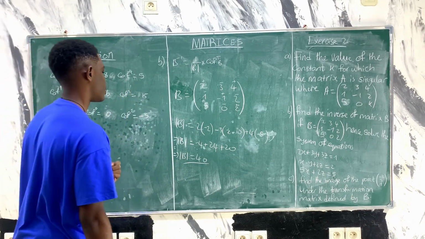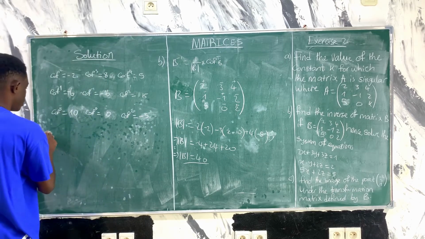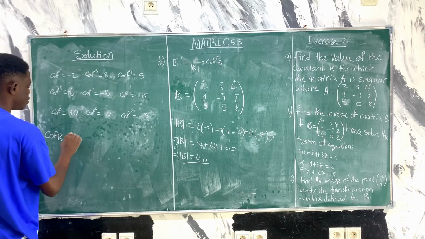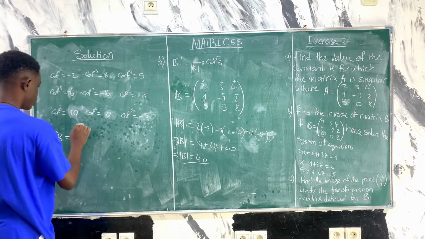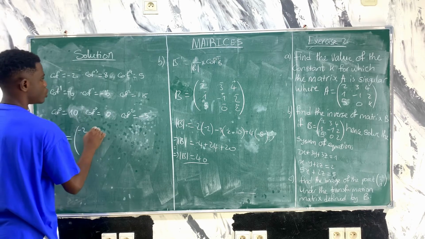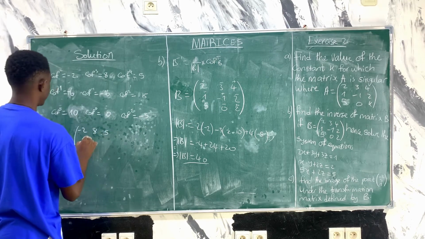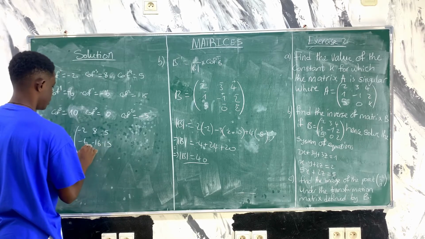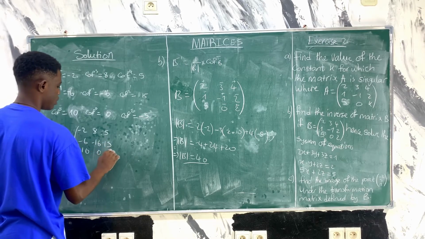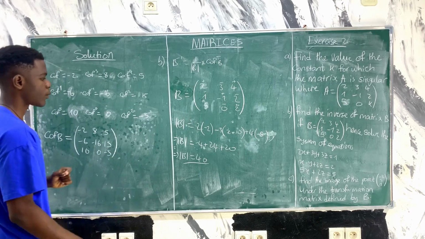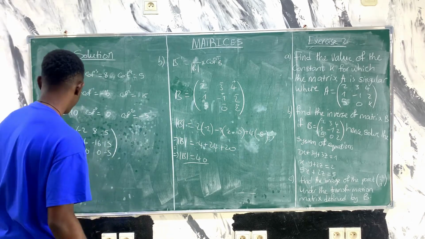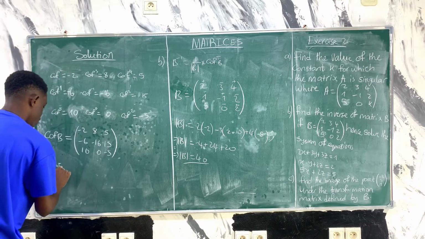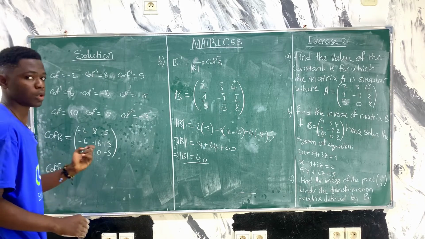So what is our comatrix? Cofactor B, we are dealing with a matrix. Copy all of your values. You have minus 2, 8, 5, minus 6, minus 16, 15. So here we have the cofactor, then we find the cofactor transpose, which is actually the adjugate or the adjoint.